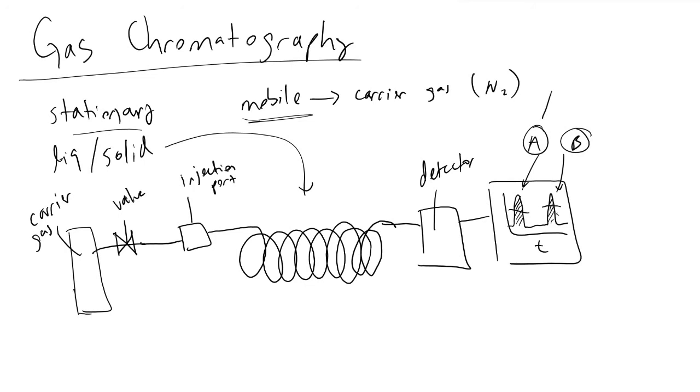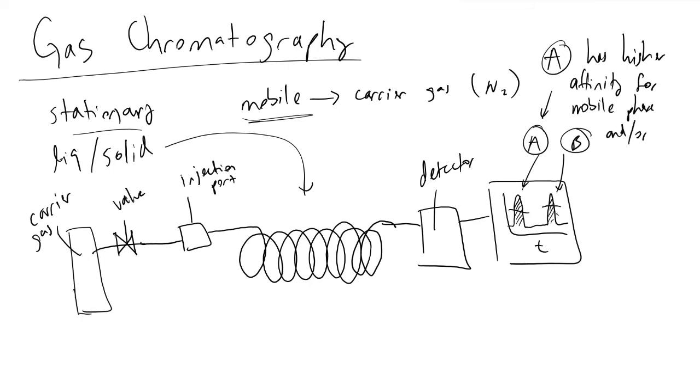And so looking at this compound A, we know because A emerged through our chromatographer machine faster than did B, it means that compound A has a higher affinity for the mobile phase, and or a lower affinity for the stationary phase.